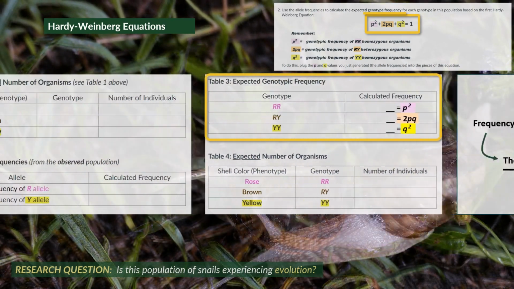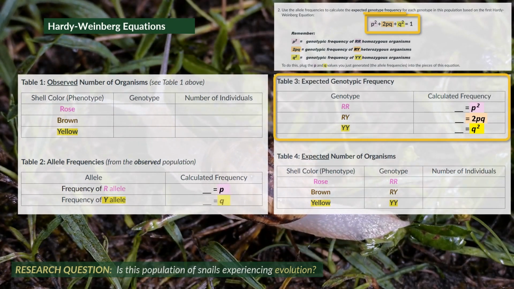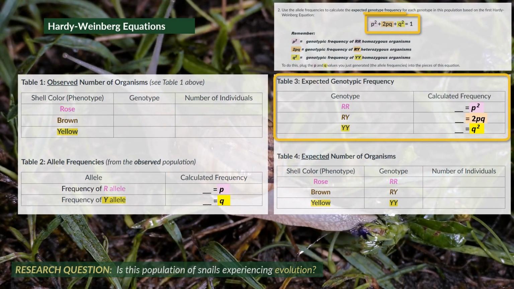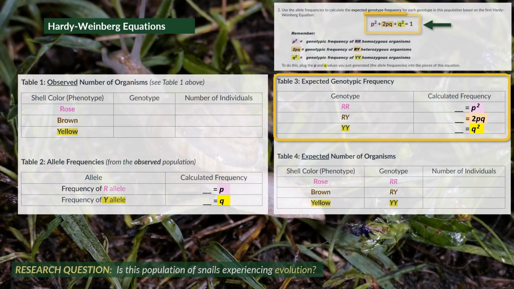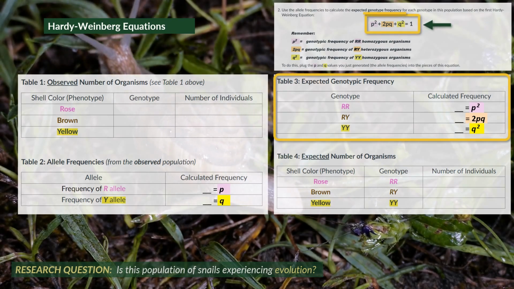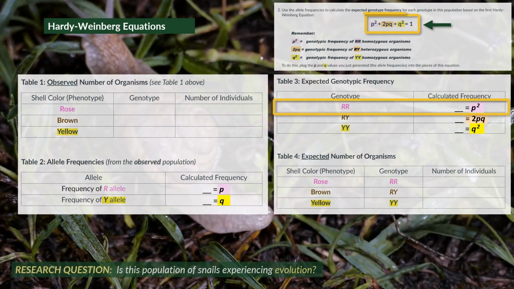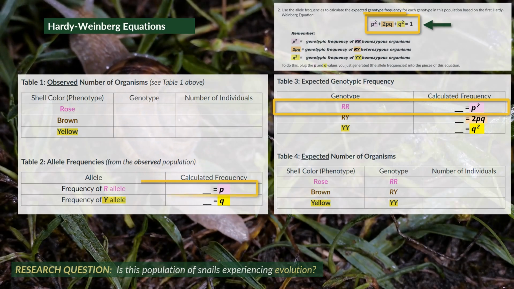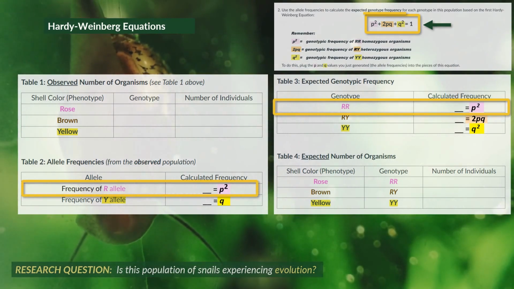So to do this, you're going to plug in the P and Q values that you just generated, right? The allele frequencies that you generated in that previous step into this equation. So for example, to calculate the expected genotypic frequency of RR homozygous organisms, you would take the allele frequency of the R allele, represented by the letter P, and square it, right? P squared.